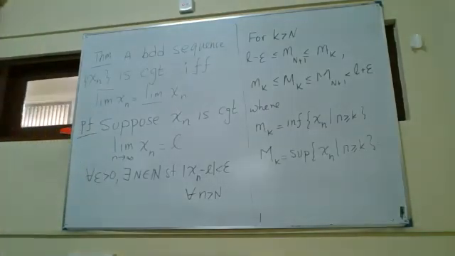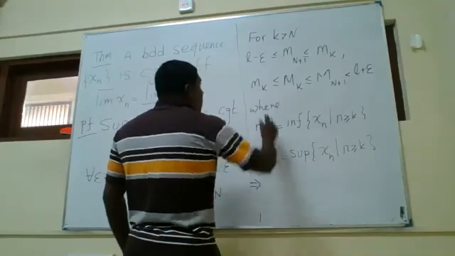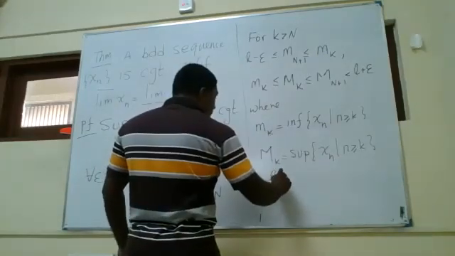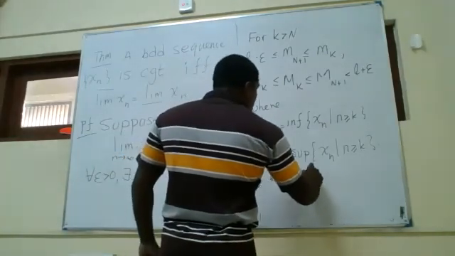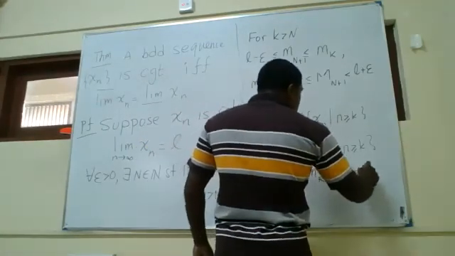So these are the combination of the results. Eventually what you have is this: L minus epsilon is less than or equal to mk less than or equal to L plus epsilon.